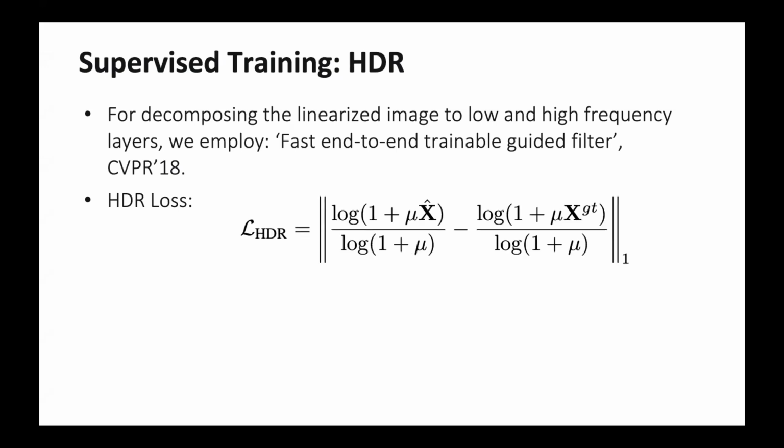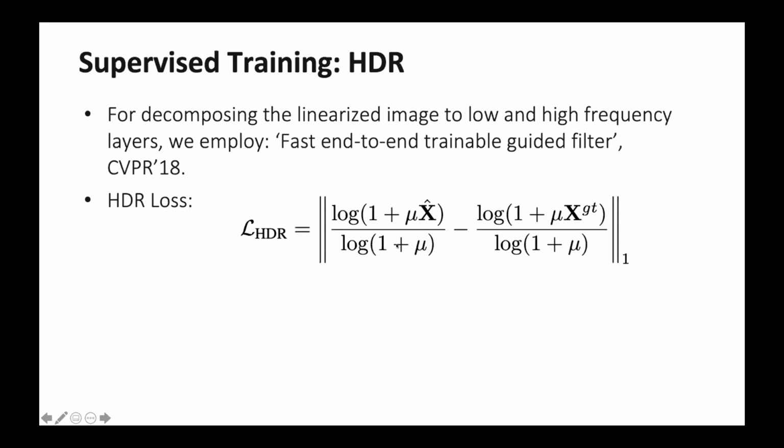And for the HDR loss, X here is the output that we expect to have, and this is X ground truth, meaning that we have the HDR version. And we apply this loss.